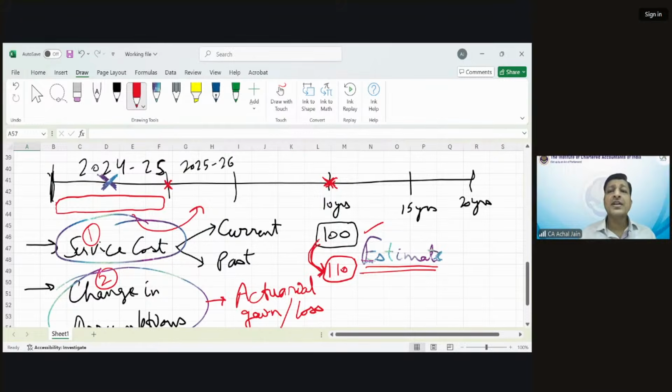Actuarial gain or loss is nothing but the liability changes which are arising due to the changes in the assumptions of the actuary. Okay, which are arising due to the changes in the assumptions of the actuary. I think Anil has the same answer.